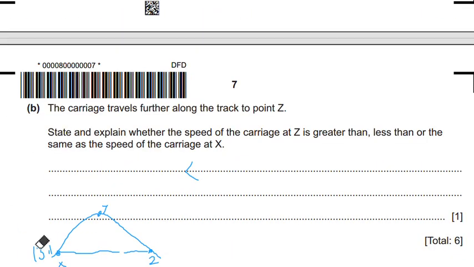We will not come here to Z with the same value of kilojoule for kinetic energy, but it will be a little less than this value. So KE at Z is less than this at X, which means V at Z is less than V at X, and this is because there is friction from Y to Z.